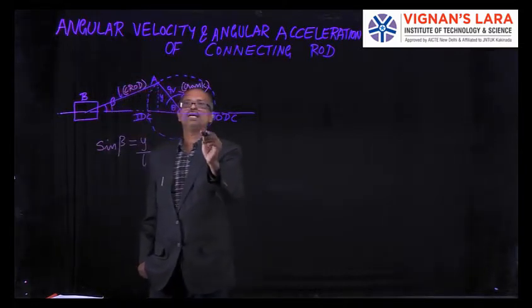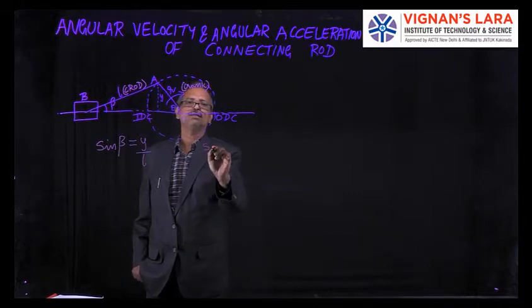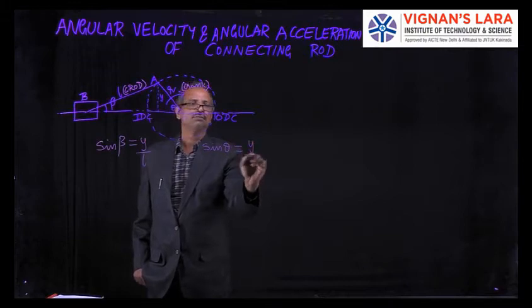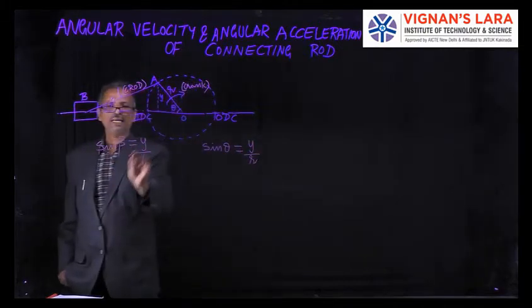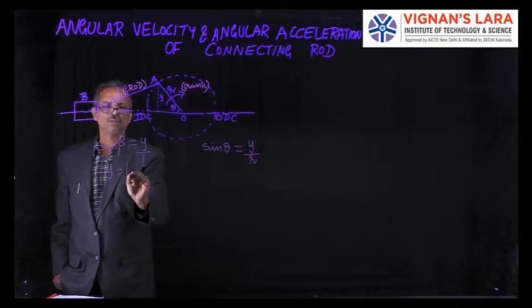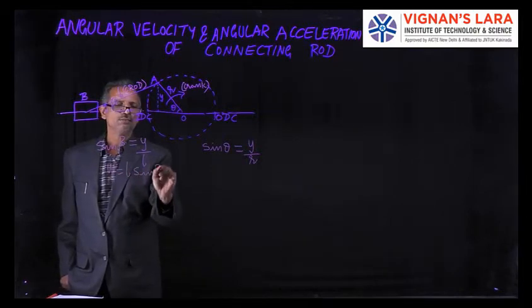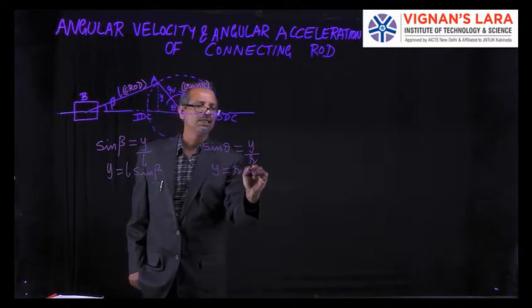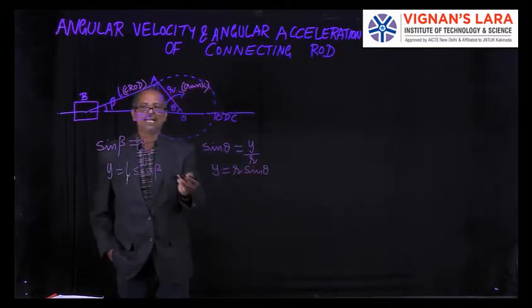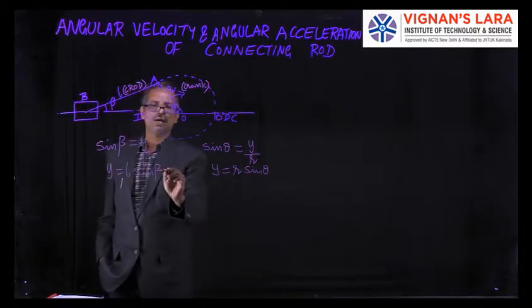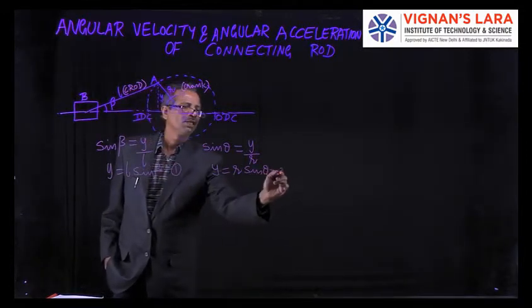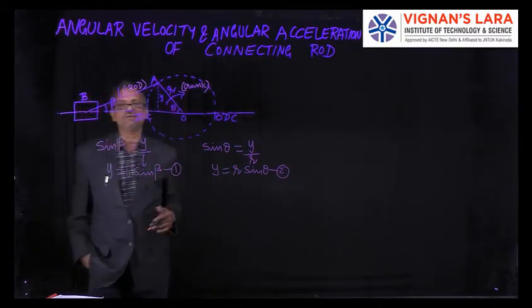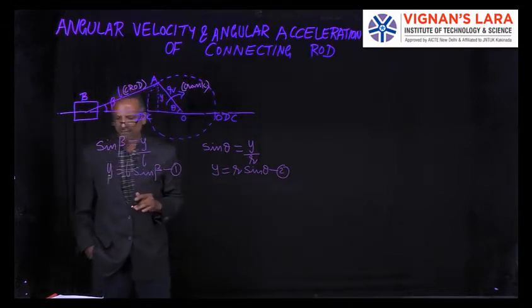And whereas from here, if you write sine theta, which is Y by R. So I can write Y is equal to L sine beta, and from here I can write Y is equal to R sine theta. So the left hand side of both the equations is the same, that is Y is the same. Either you write from this side or from this side, the value of Y will not change.